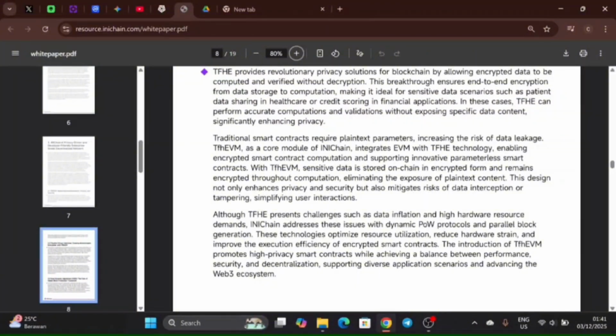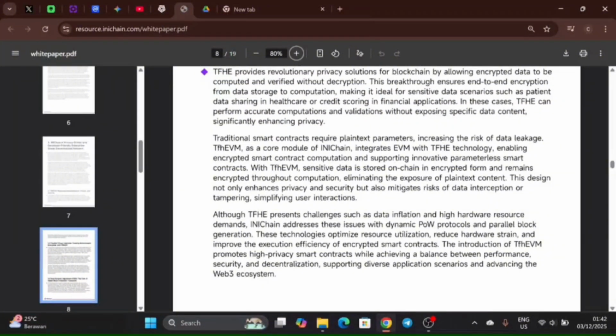Yes, we know that FHE presents challenges such as data inflation. I mean, the data inflation rate is one of the challenges that they face. High hardware resource demand. But InitVerse has a solution for it.